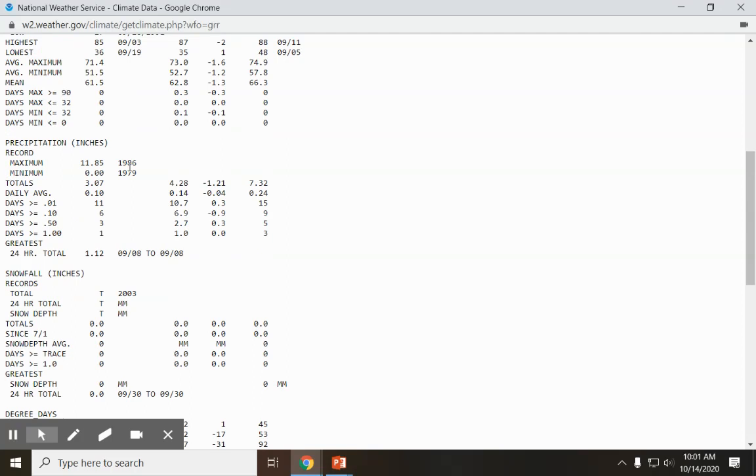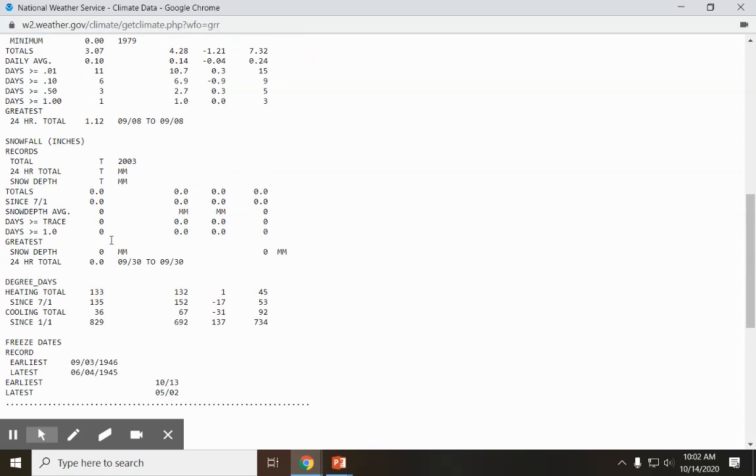Here's the rainfall. We talked about the floods of 1986. The record rain for the month was actually set that year. The Muskegon area had 11.85 inches. Normal is 4.28, so we were over 7 inches more than normal in 1986 with those record floods.